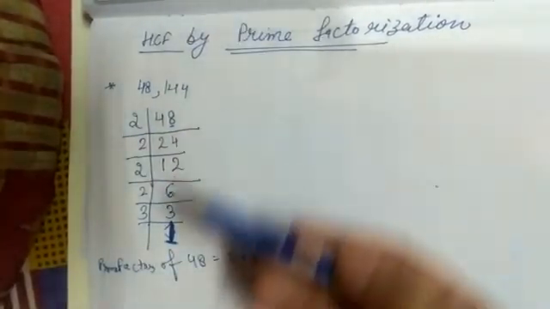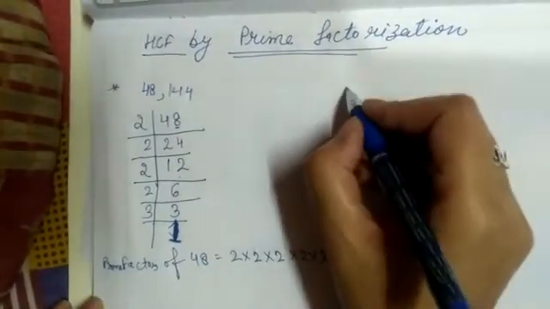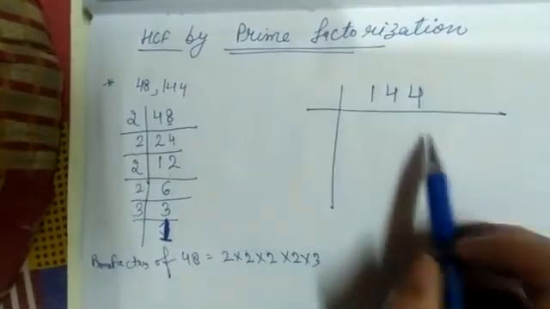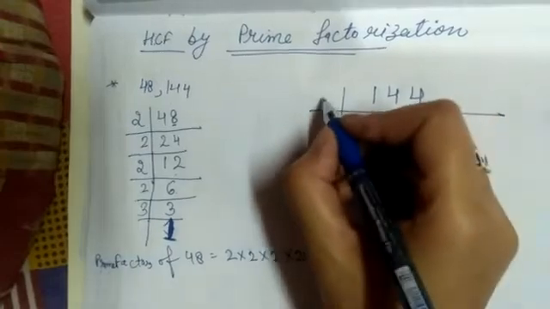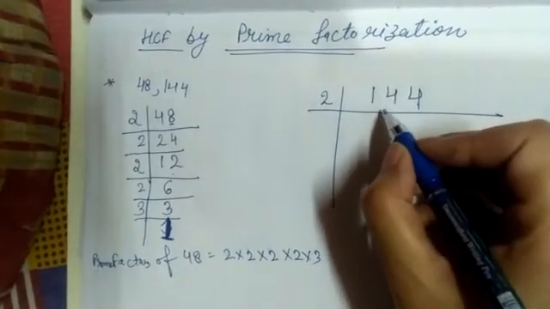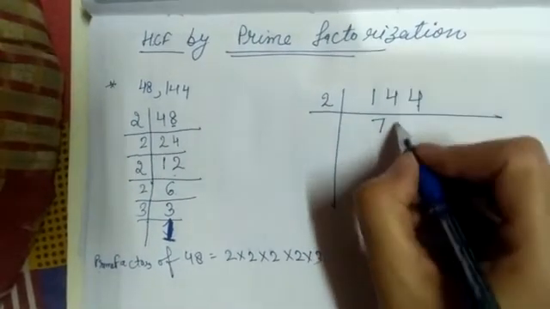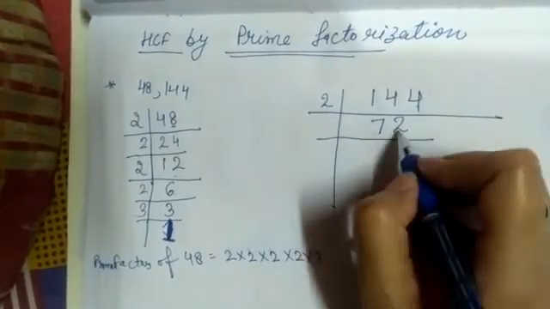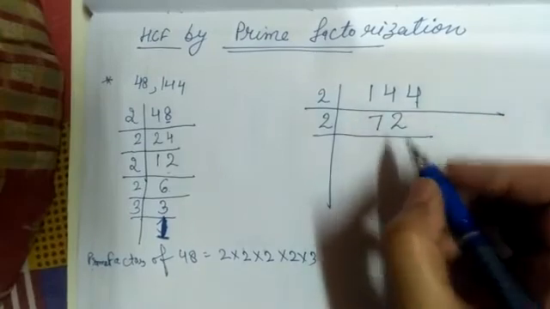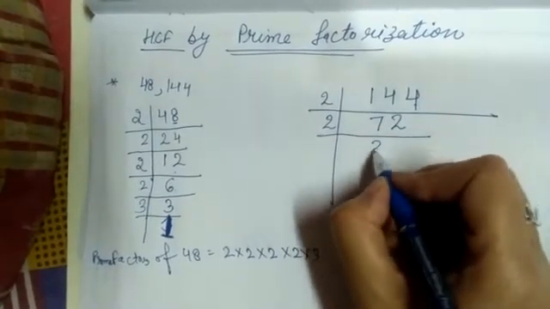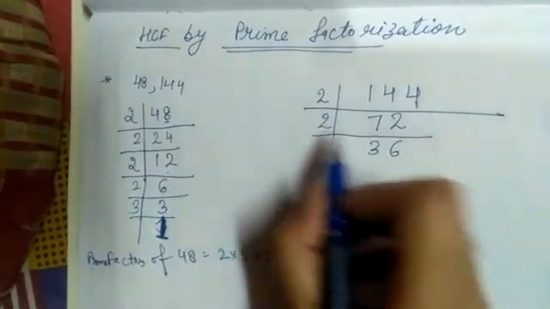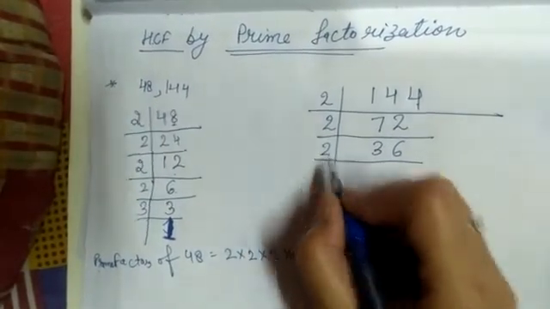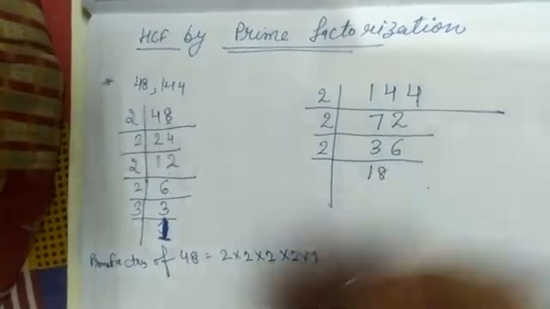Next, find the prime factors of 144. It is an even number, right? Start with 2. If I divide 144 by 2, I'll get 72, right? Again even, divide by 2, I'll get 36. Again even, divided by 2, 18.